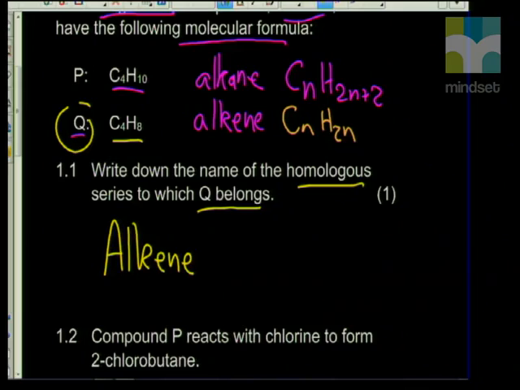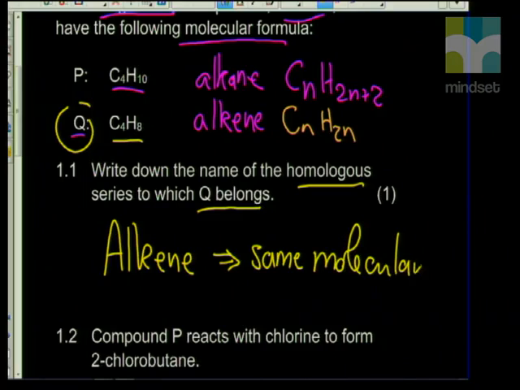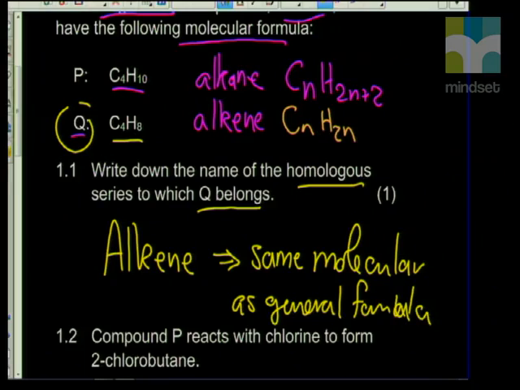And if they asked you for a reason, the reason would be it has the same molecular formula as the general formula. And what would we be expecting? We'd be expecting something with a double bond. One double bond in that substance.